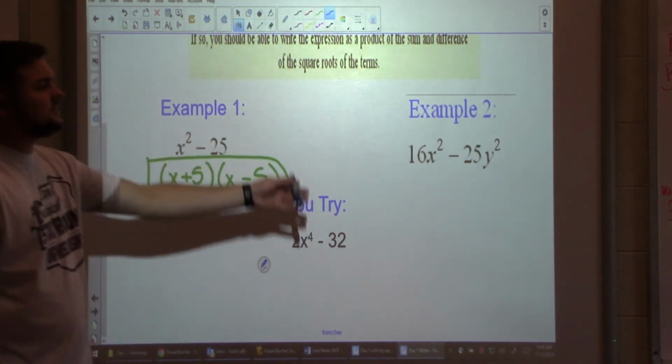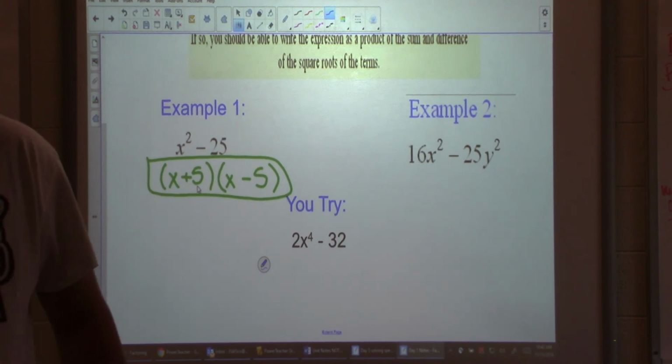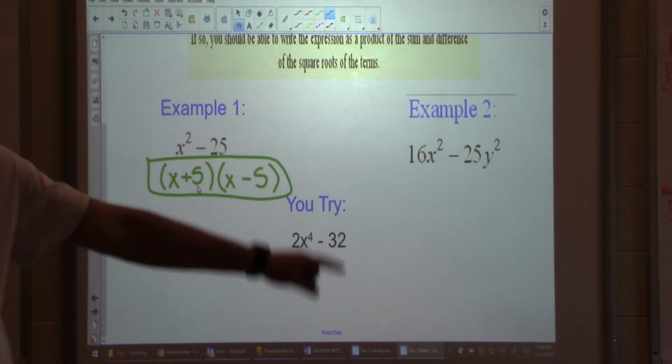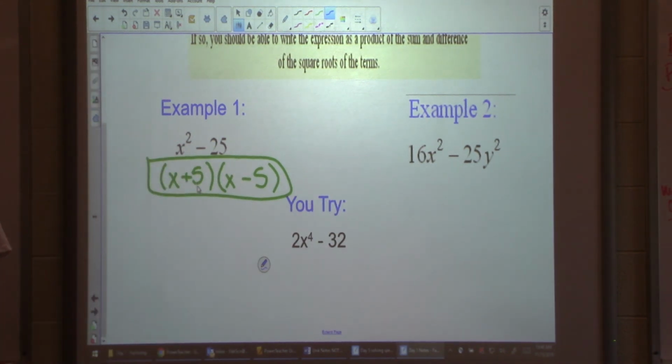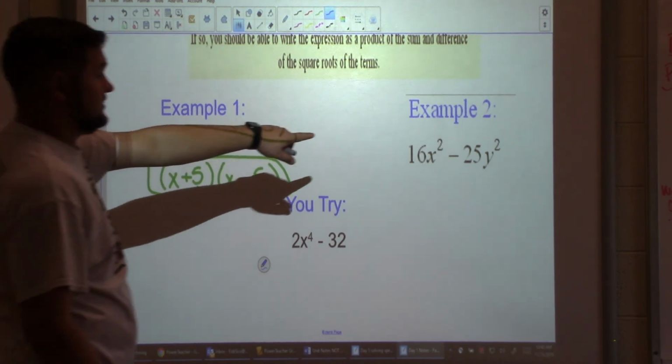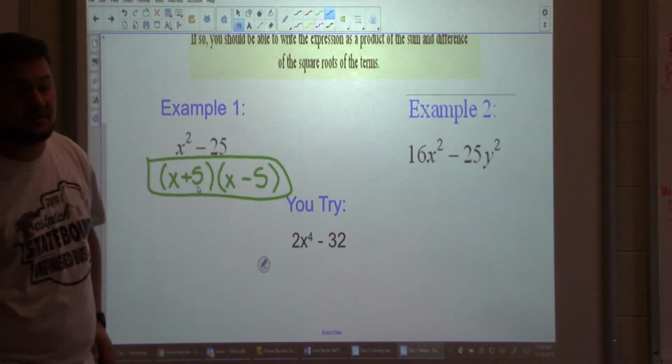So if I look at the next one, 16x squared plus 25y squared. First of all, can I factor anything out? Remember, we should be checking that. Not in this top one here. Do I have a difference of perfect squares? Do I have a difference or subtraction? Yes. Do I have two perfect squares here? Yes, 16x squared is a perfect square and 25y squared is a perfect square.